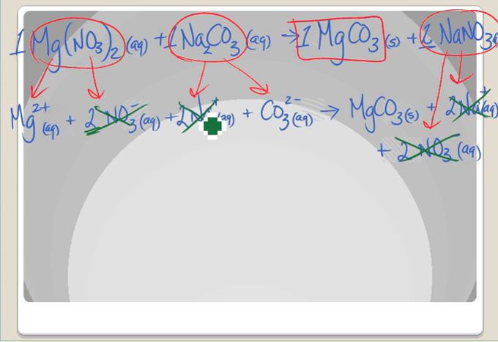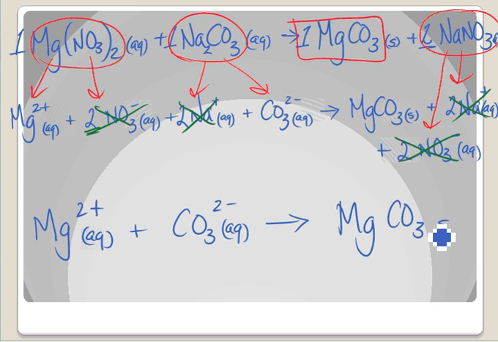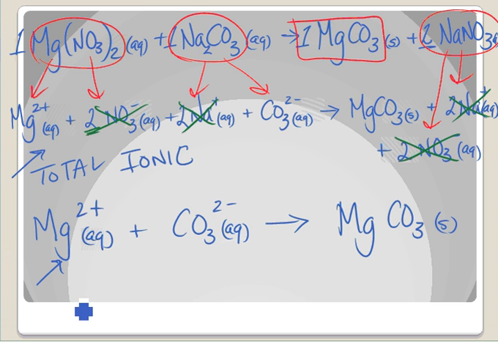So what you are left with is magnesium plus carbonate to give you magnesium carbonate. So this is your total ionic, and this is your net ionic.